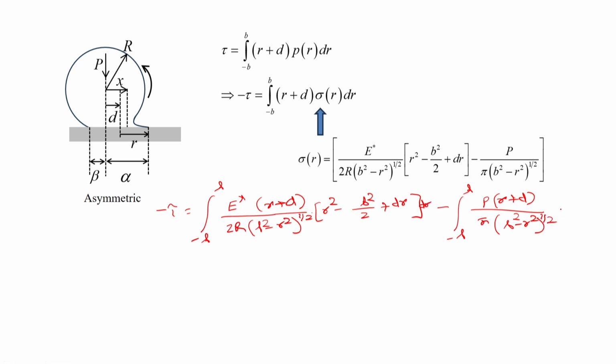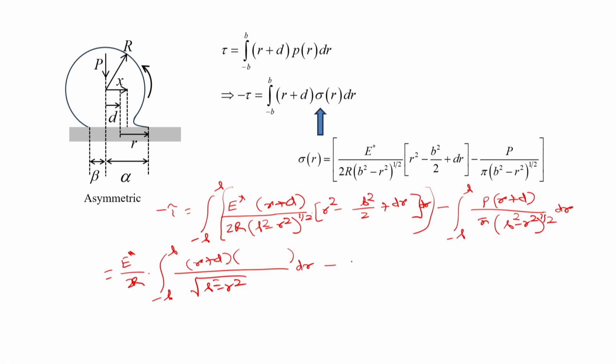Here also I should have dr, here also I should have dr. So, now this quantity will be equal to E star by 2r, and then I have here minus b to b, the square root of b square minus r square, and we have to multiply it by r plus d into this quantity into dr, minus p over pi, and then minus b to b, write properly, b to b, and here it is r plus d into the square root of b square minus r square into dr.